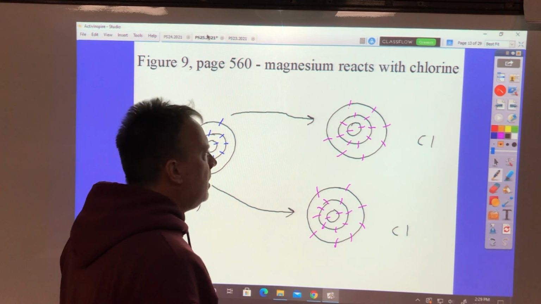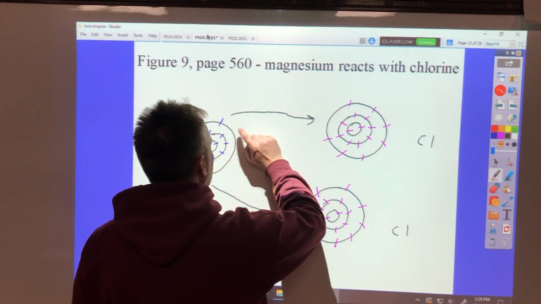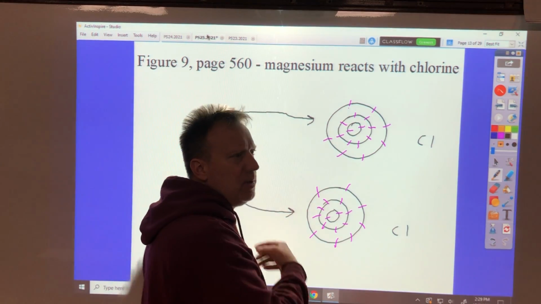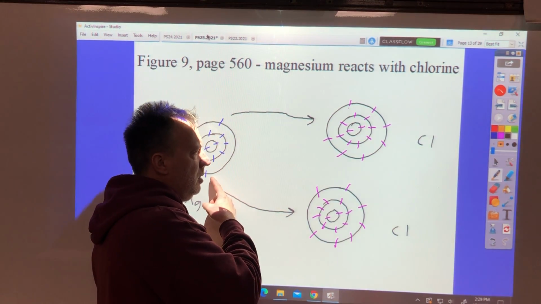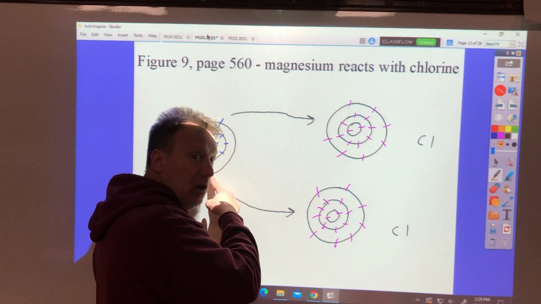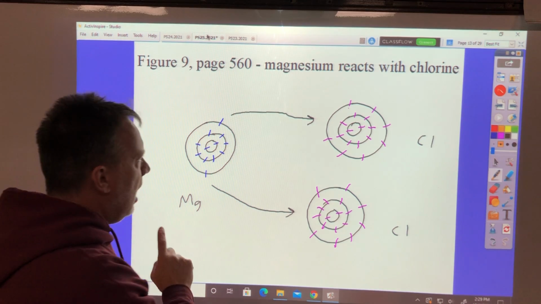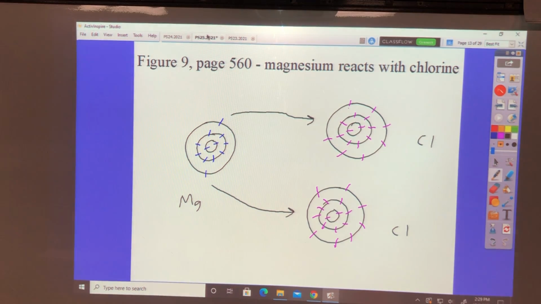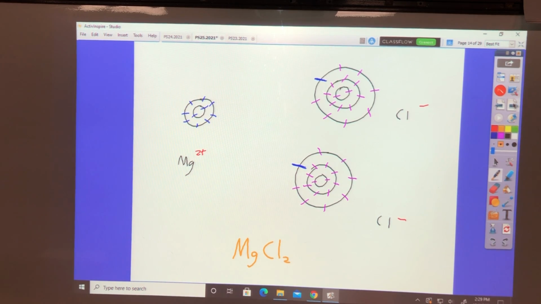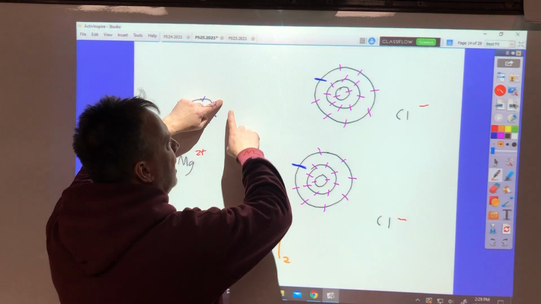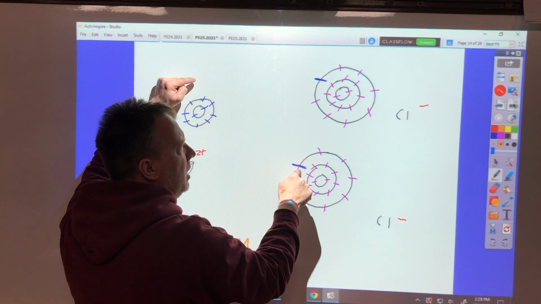Well, chlorine is in the same family. Chlorine wants one electron. If we put one there, what are we going to do with this other electron? Get another chlorine and put it there. And when you get that other chlorine and those two electrons move, you'll lose this layer because one electron went here, one electron went here.